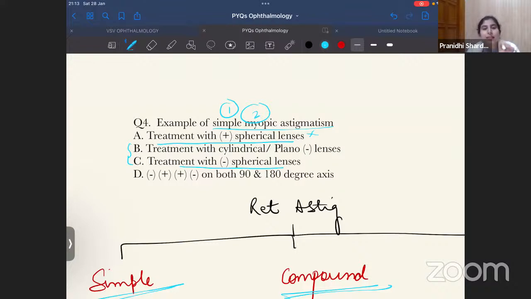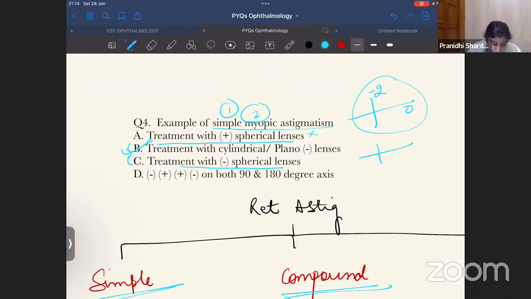Now, it is asked as simple myopic, but it is astigmatism. It is not just myopia. If it is only myopic, then we will treat with a minus sphere. But this is astigmatism, so it will not be treated by a sphere. It has to be treated by cylindrical lenses.